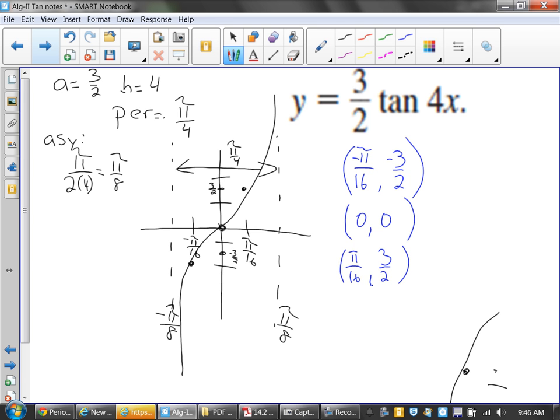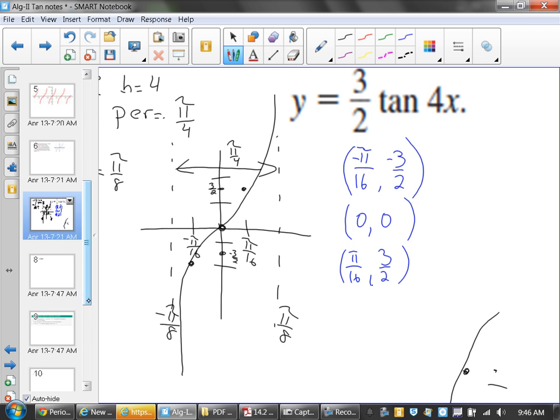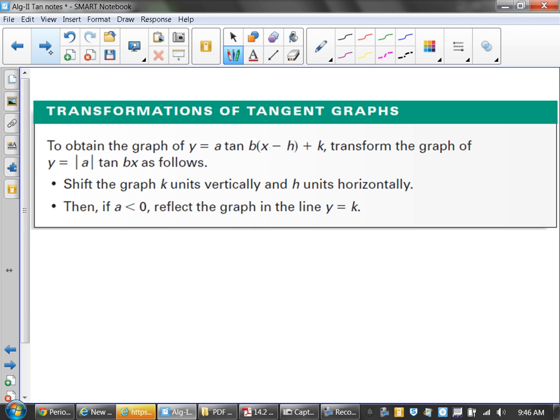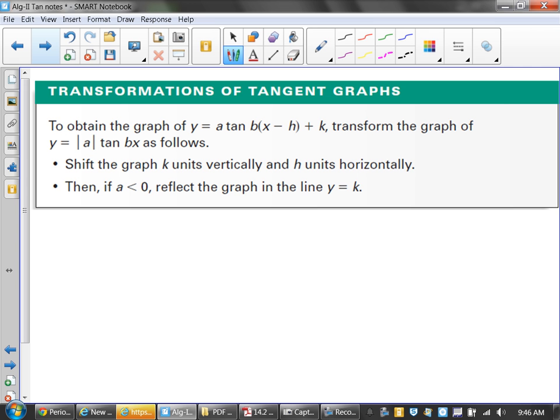So let's do a shift. Well, we might as well write this out then. The shifted version of tangent looks just like the other ones. Y equals a tangent b x minus h plus k.